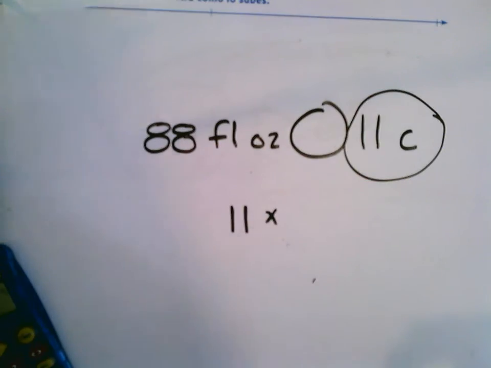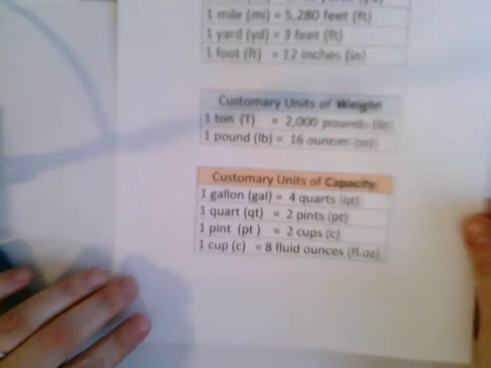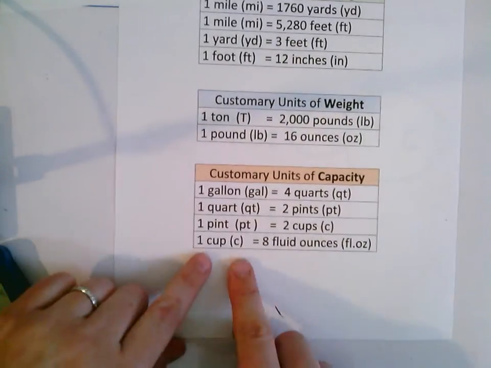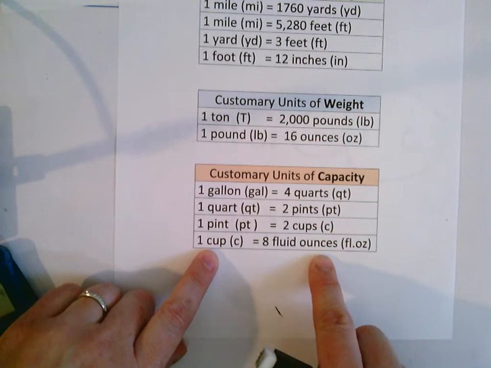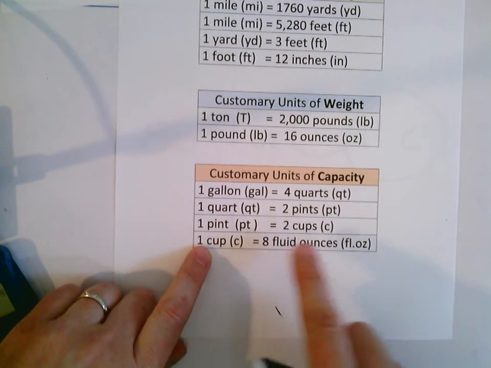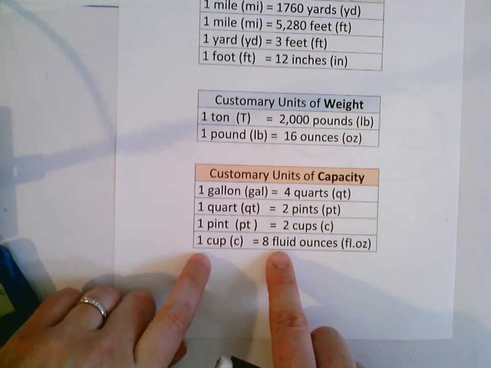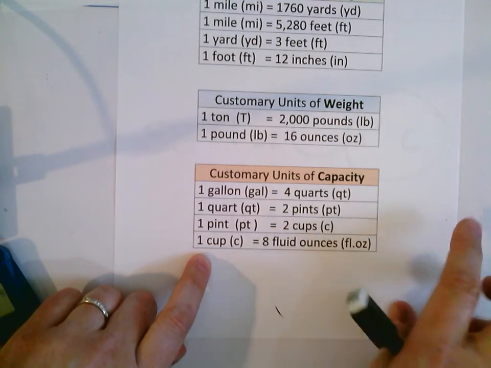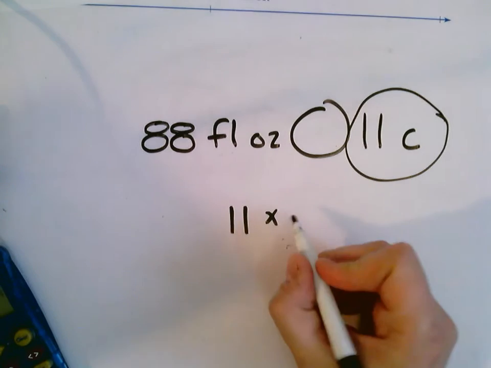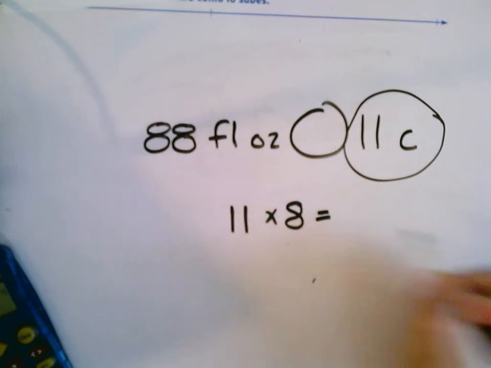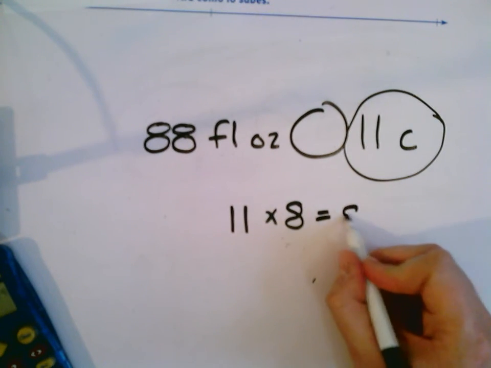So let's go to our chart. Here I have cups and fluid ounces. They're on the same line, so I'm going to have to multiply by one number. There are 8 fluid ounces in 1 cup, so I'm going to be multiplying by 8. 11 times 8. We should know that our 11's fact is 88.